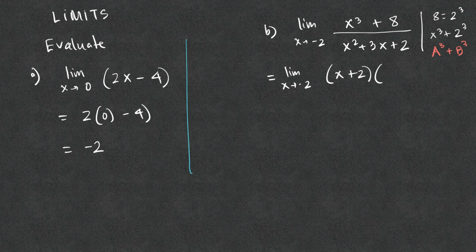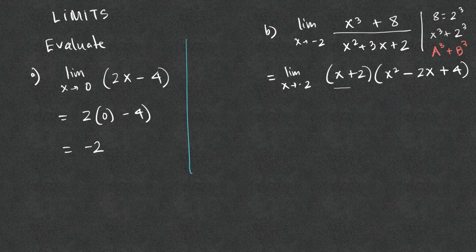Where a is x, a squared is x squared, minus ab: a is x and b is 2, x times 2 is 2x, plus b squared, b is 2, 2 squared is 4.